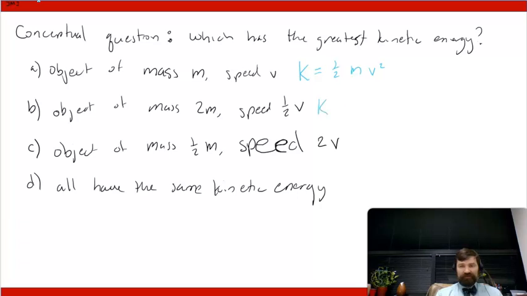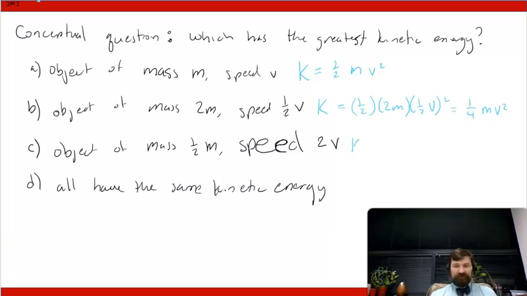In this case, K would equal 1/2 times 2m times 1/2 v quantity squared. Okay, that's 1/4 times 2, which is a half, so you end up with 1/4 mv squared.